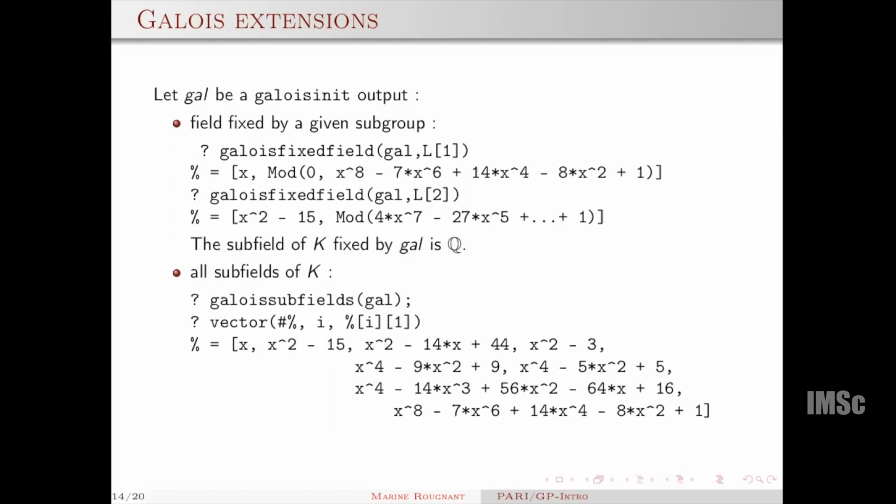The first one is generated by X, so it's Q. The second one is generated by this polynomial, but I get Q. And you have all the other ones. The last one is generated by your defining polynomial, so it's the total extension that you have. So you can easily get all the subgroups of your Galois group and also all the fixed fields, so all the Galois subfields.